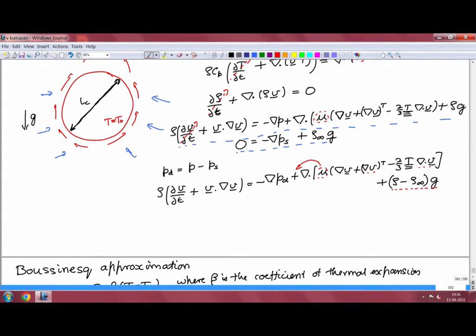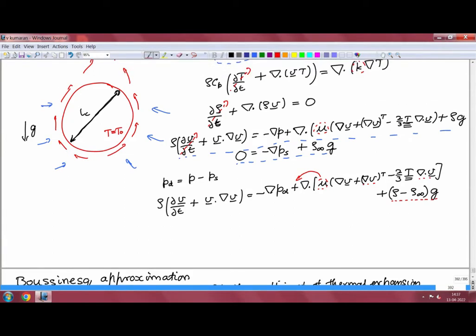Only when there is a variation in density is there a driving force in the momentum conservation equation. This driving force generates a velocity field. That velocity field, through the convective term in the energy balance equation, convects the heat away, and this results in natural convection.